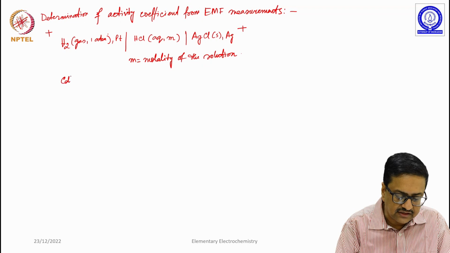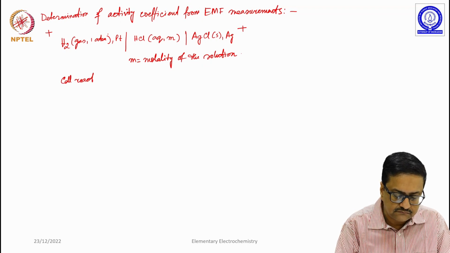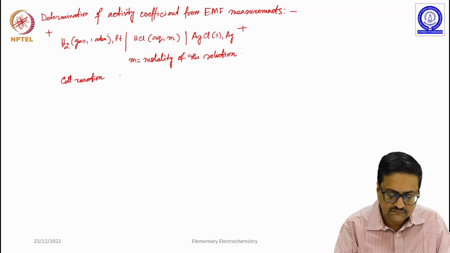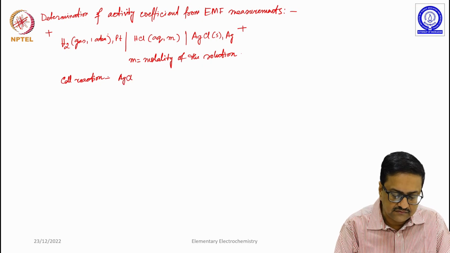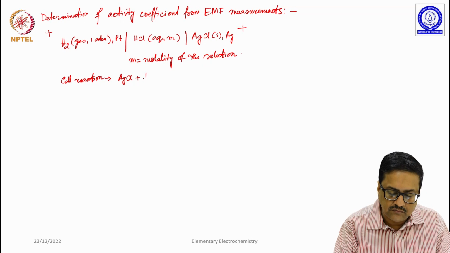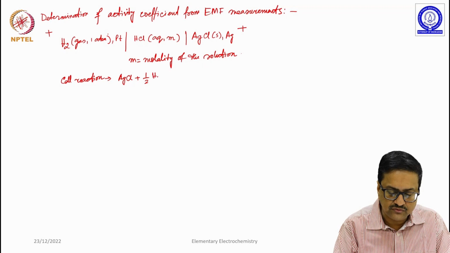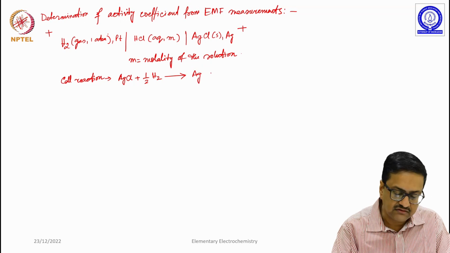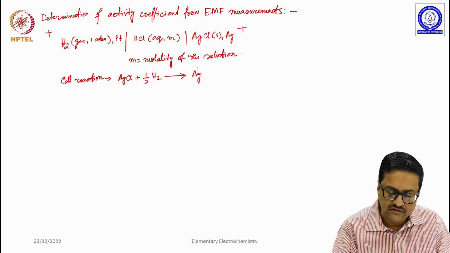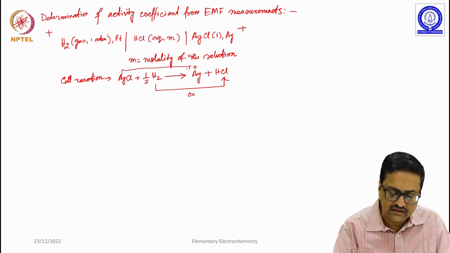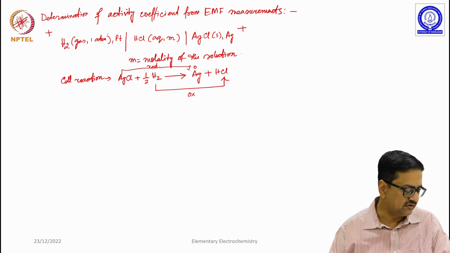So, the cell reaction that one can easily write is AgCl plus half H2, getting silver converted to silver 0, plus HCl. So, hydrogen is oxidized and silver is reduced in this particular case.